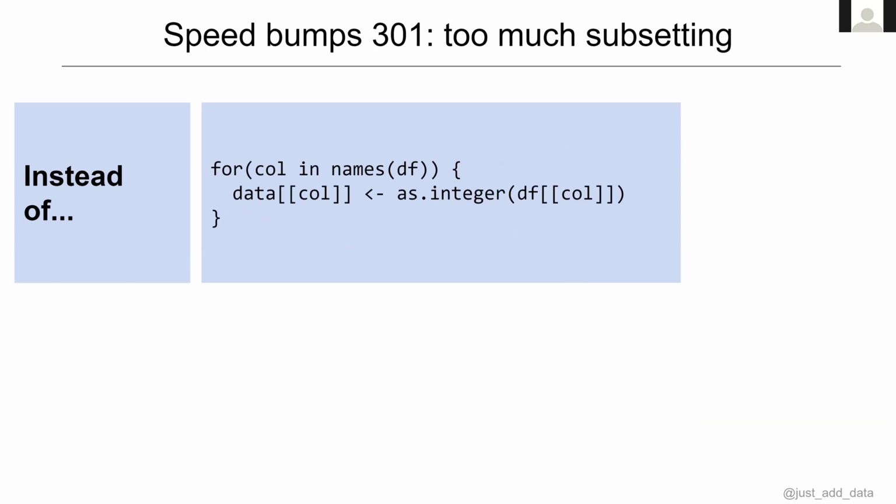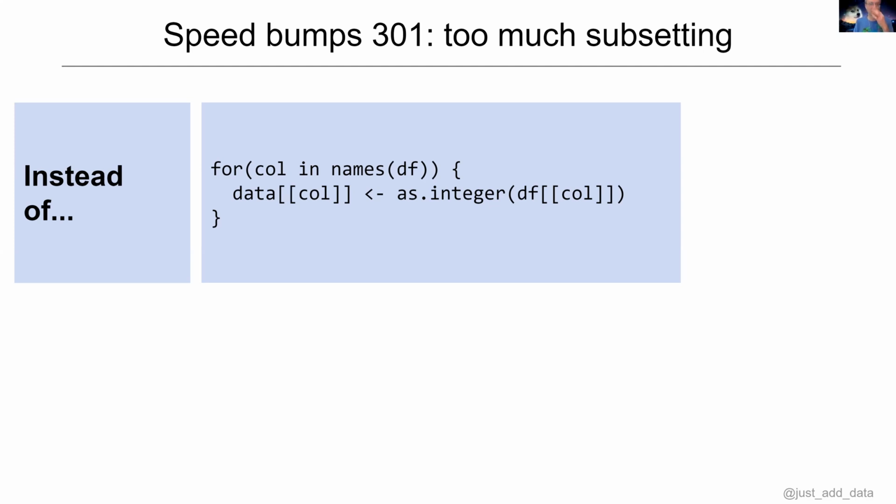Yes, please. Okay. Sweet. So this one is kind of interesting. Too much subsetting. It's a little bit sneaky. So maybe just hypothetically, you read in a data frame, and it just happens that for whatever reason you've got a whole bunch of columns that were read in as characters, and you want to convert them all to integers, something like that. Perhaps you've iterated over columns and forced a new type on those columns. This is one way to do it.